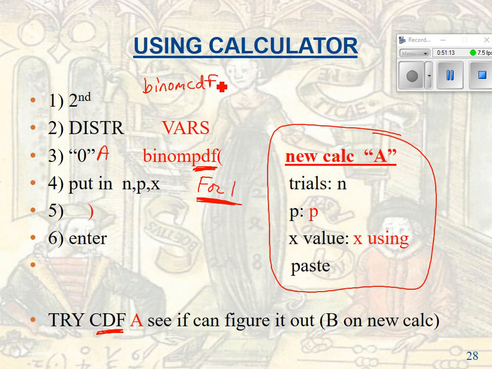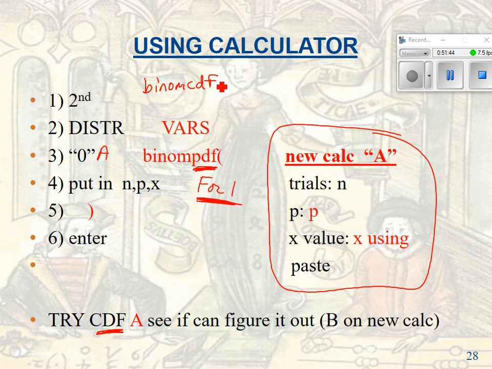So let's do this. Let's go to binom CDF, hit enter, and now let's put in these numbers. For N, we put in 7, comma. For P, we put in 0.25, comma.